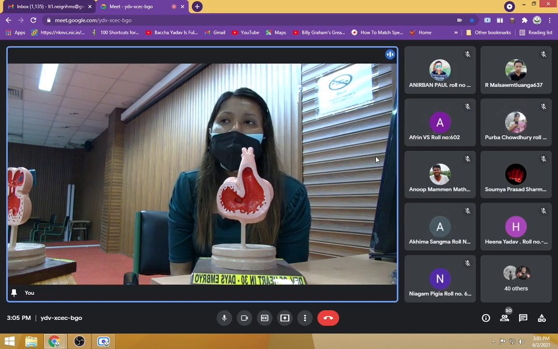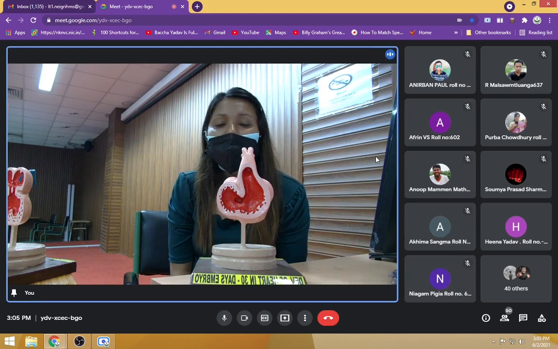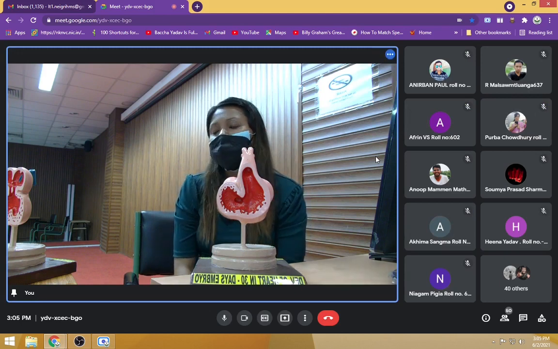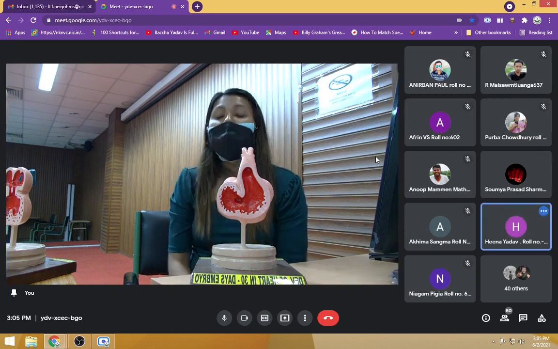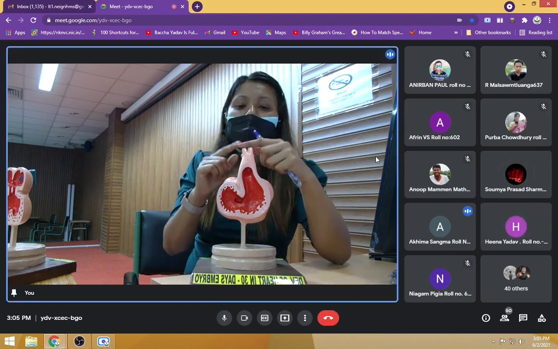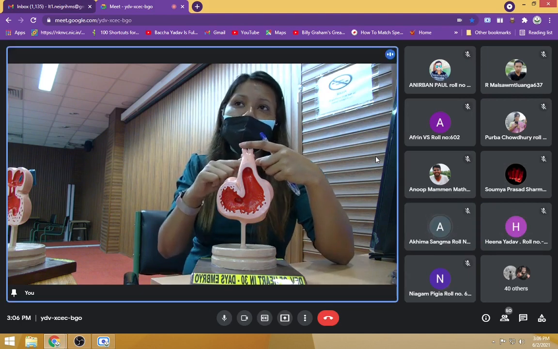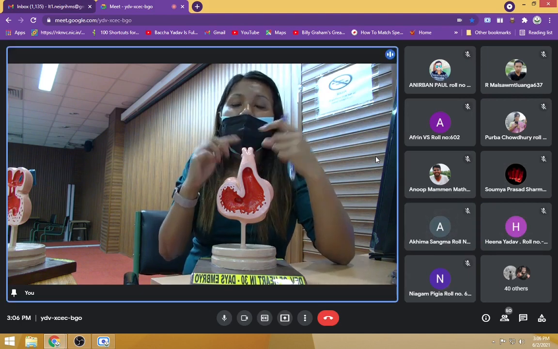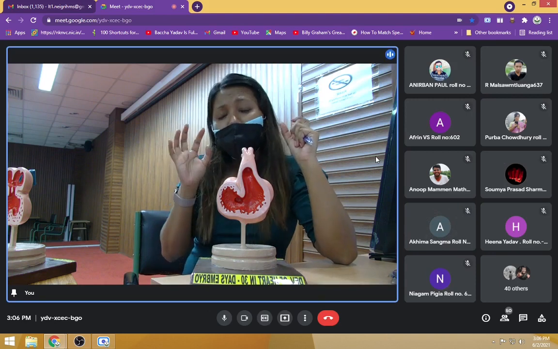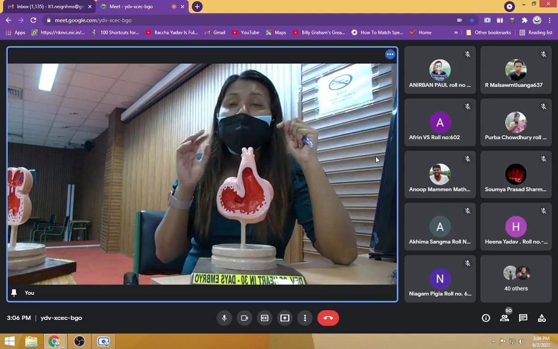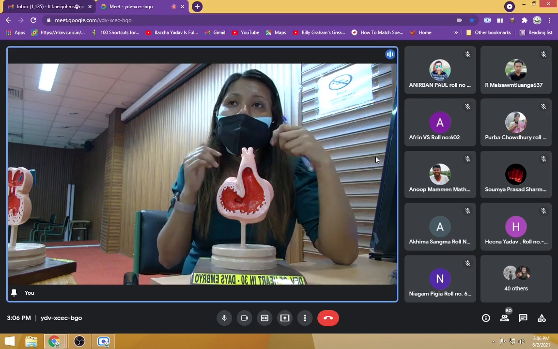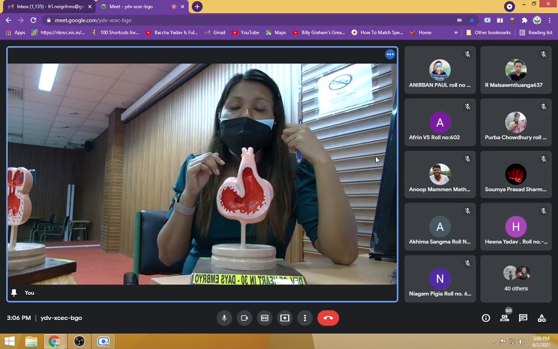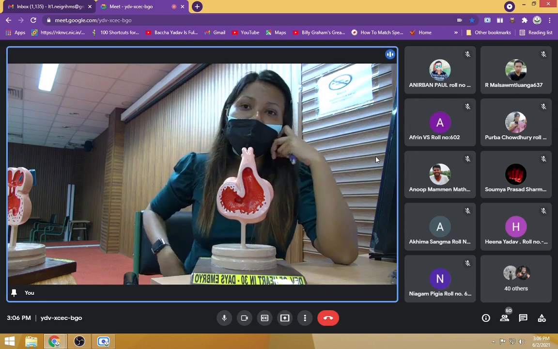If there is any problem in the formation of the spiral septum, what abnormality is it called? Transposition of great vessels. Pulmonary artery and aorta are the great vessels, and transposition means exchange, displacement.